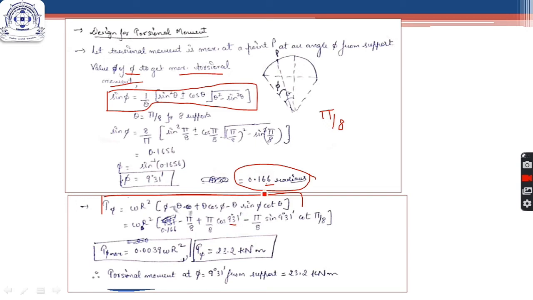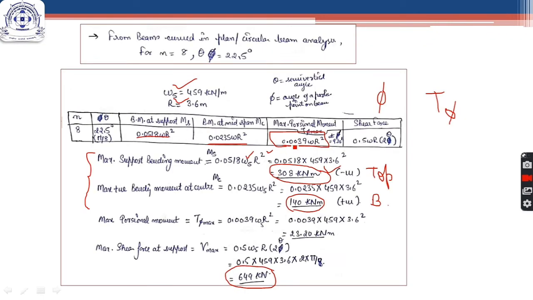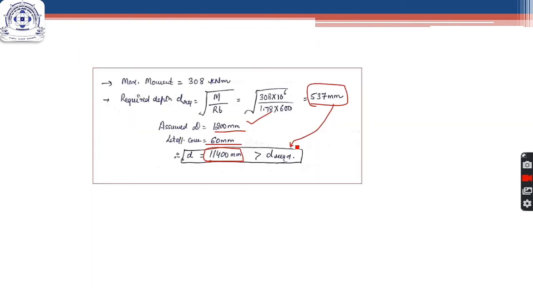So here it will be 0.166. You can write 0.166 here also, there is no problem. When I solved it, I got 0.0039 WR square, which is the same as this. So this is how we get this expression.